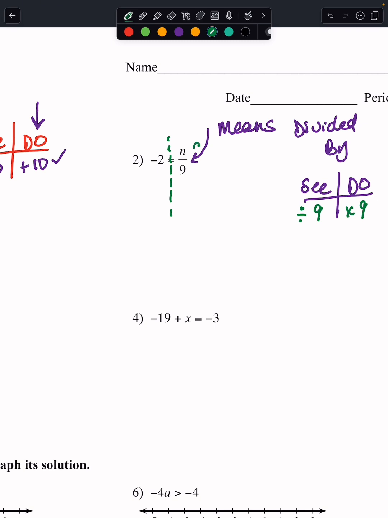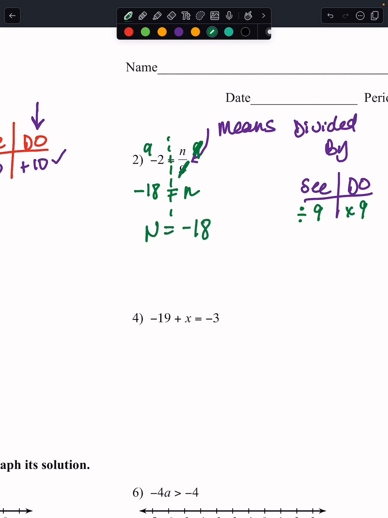When you multiply both sides by 9, they end up canceling each other out because the multiplication of 9 and the divided by 9 are inverses. So 9 times negative 2 is negative 18 equals n. In other words, n equals negative 18.